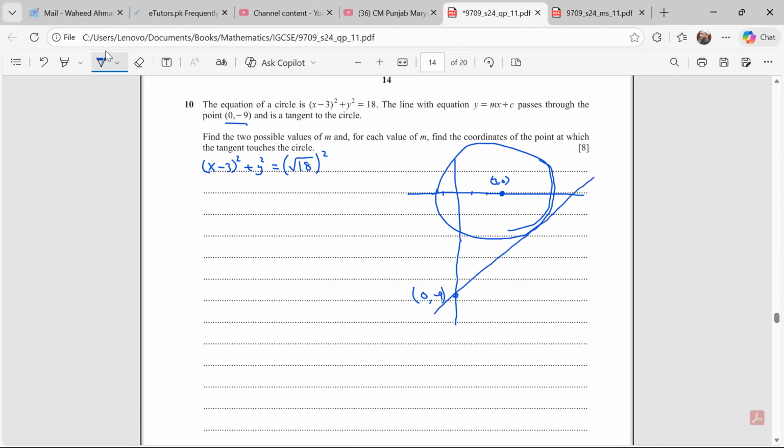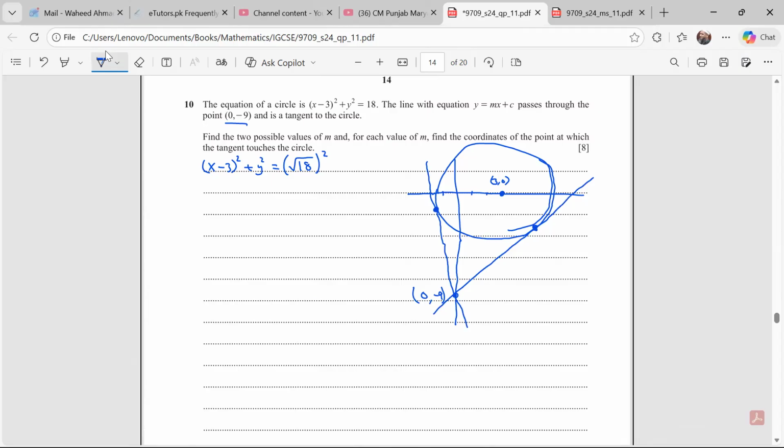One is like this and one is something like this. Oh my goodness, I'm not good at making lines, especially in this hardware. So these are the two straight lines they are talking about, and we have to find the points of intersection, this point and this point.